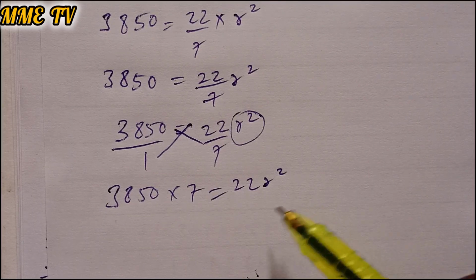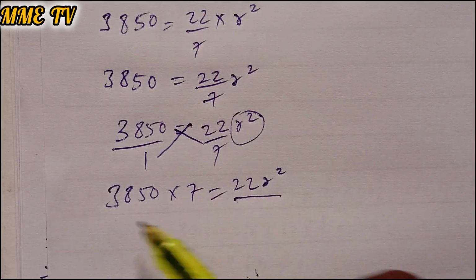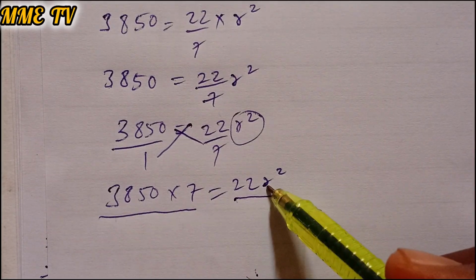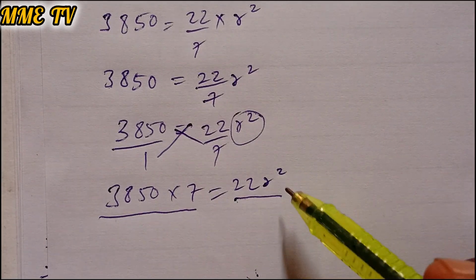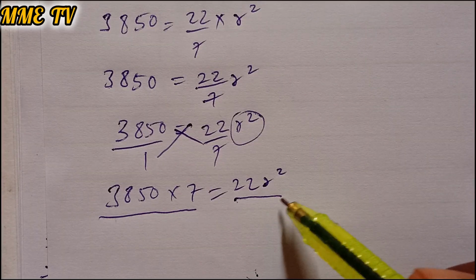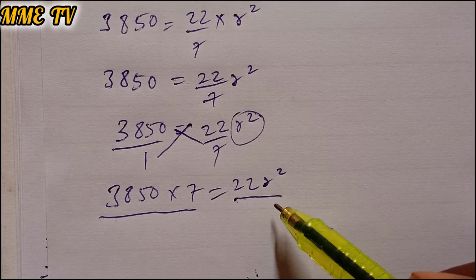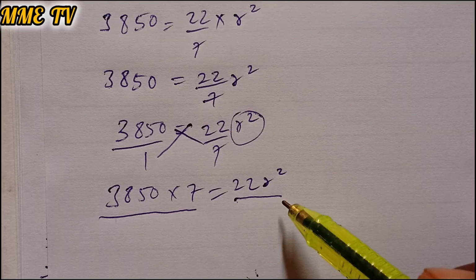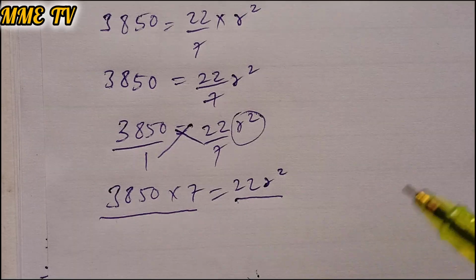So what do I do here? I will simply divide both sides by the coefficient of r raised to power of 2. You remember what we are looking for? We're not looking for the radius. We're looking for the diameter. You understand?